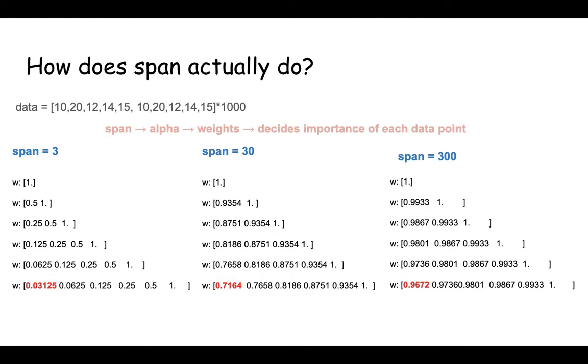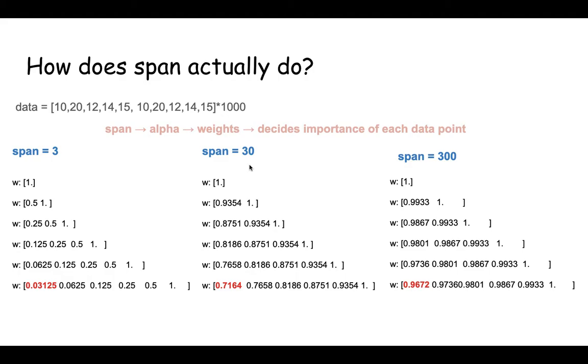Whereas if you have a smaller span such as 3, then you give more importance to only the newer points and very little importance to the older points. And what that does is a lower span therefore keeps the noise, and it does not smoothen the curve as much as the span of 300 would do.